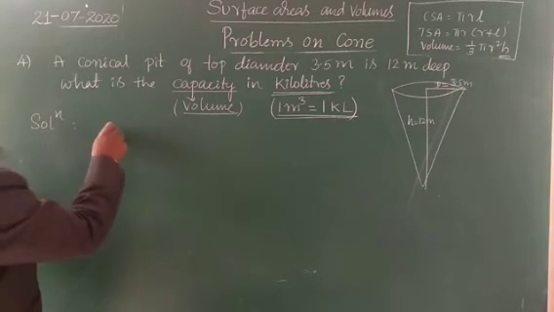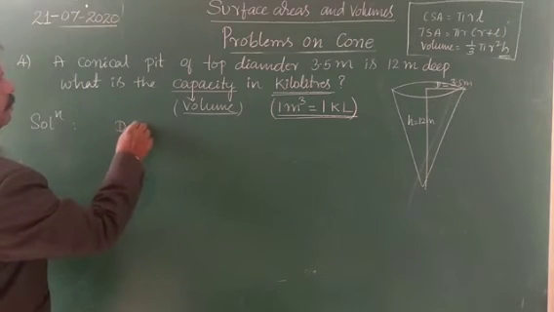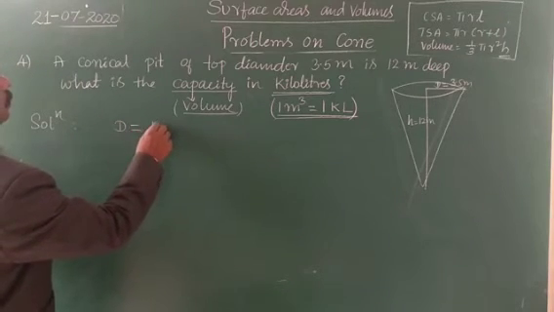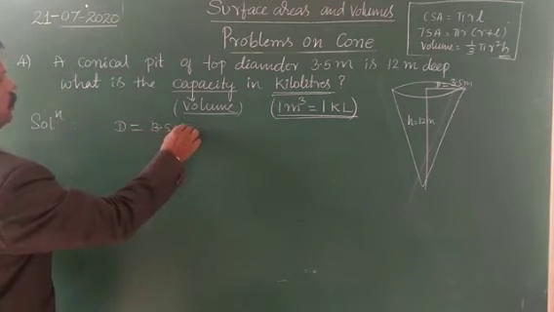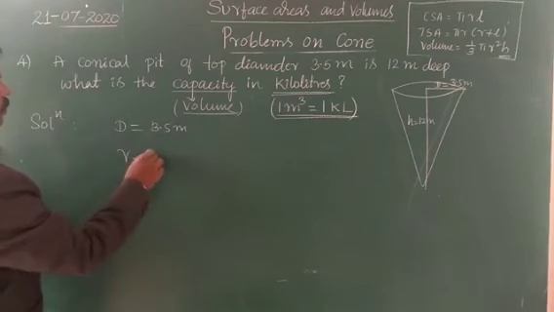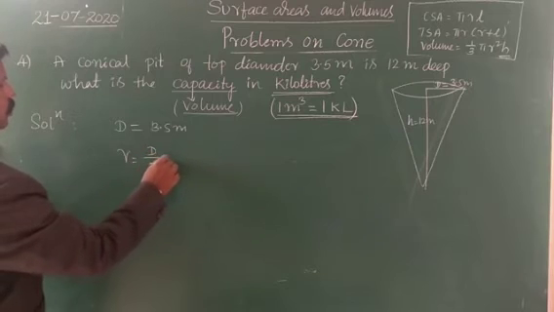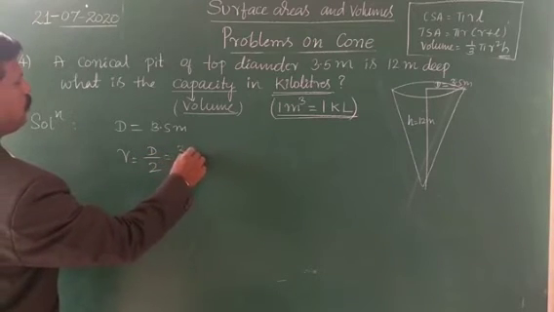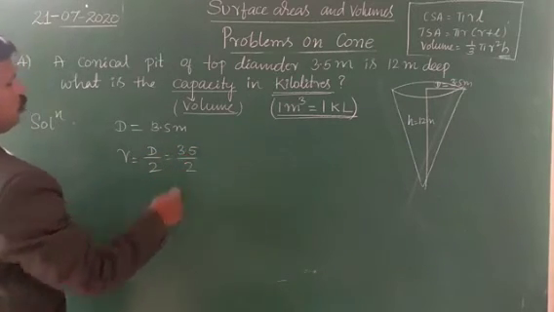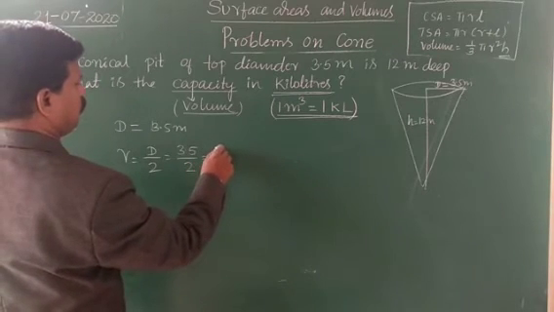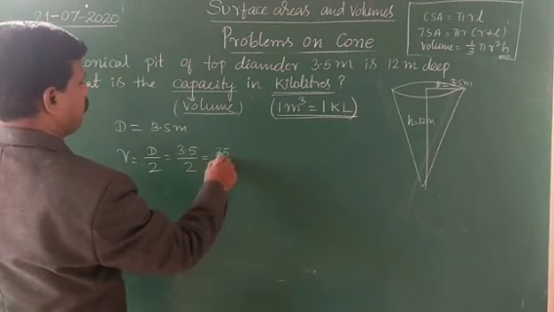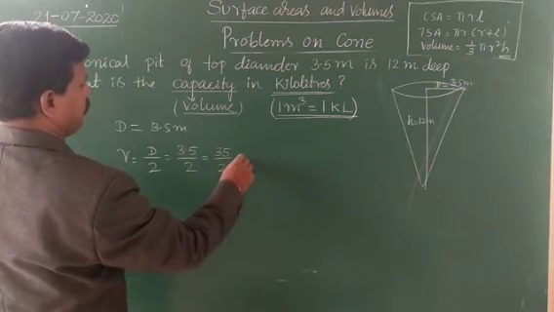So, first, what is that? D is given, how much is that? 3.5 meter. Then, R is equal to D by 2, that is 3.5 by 2. You can write this as 35 by 20.